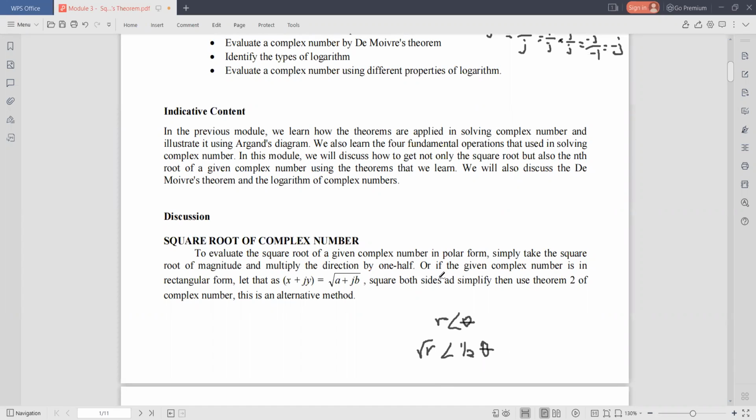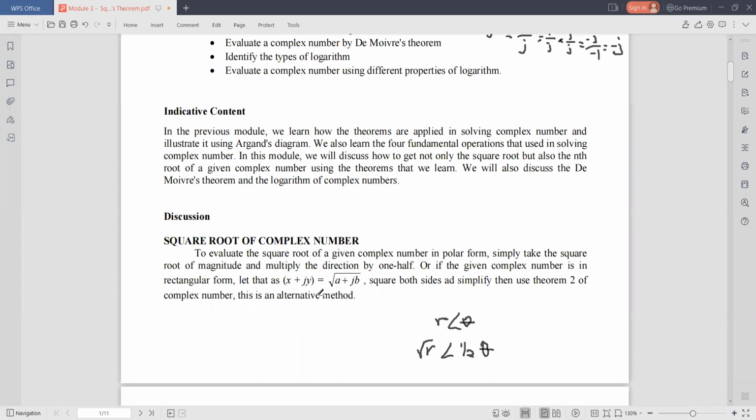Or if the given complex number is in rectangular form naman, so let's say x plus jy, that is equal to square root of a plus jb. Okay, so we square both sides, square natin yung both sides, and simplify, then use theorem number 2 of the complex number. So this is just an alternative method.